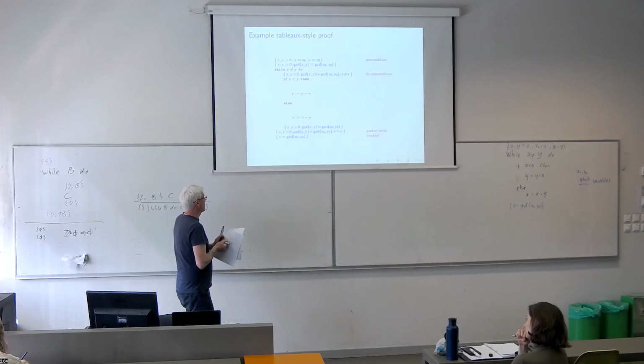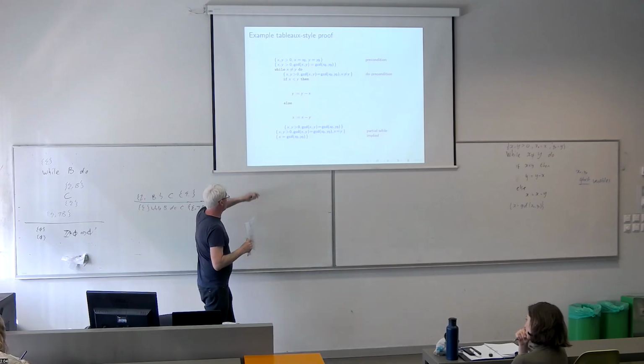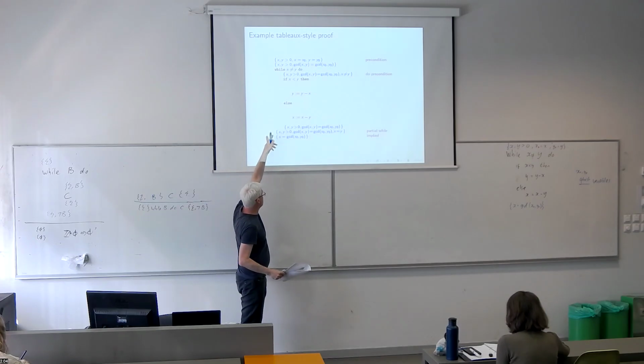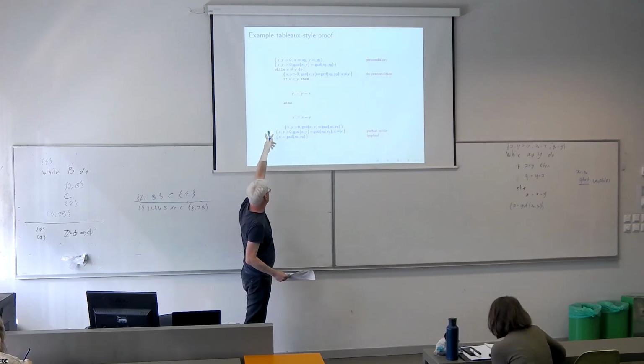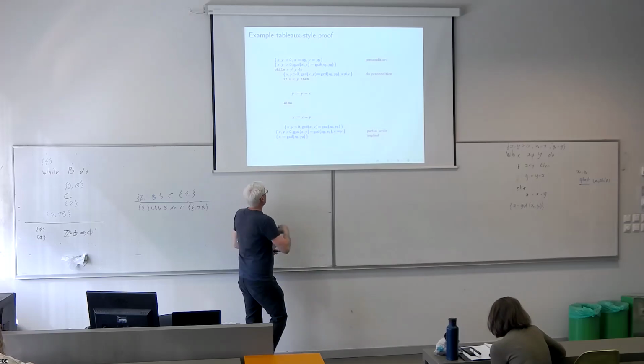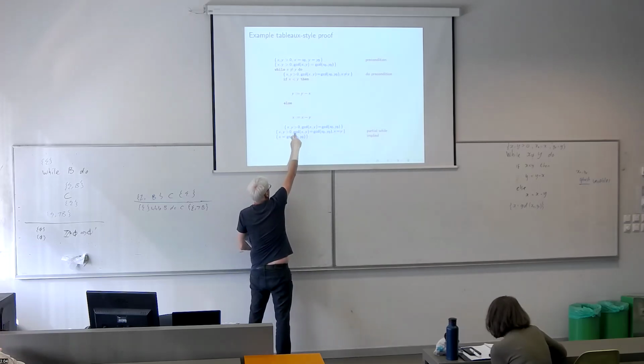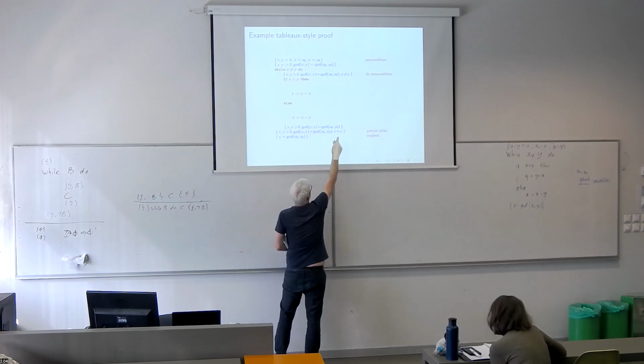So the idea is we're always reading one of these conditions as saying it is true at the state at this point when I run the execution, at this point in the execution, I will be in a state that satisfies this condition.